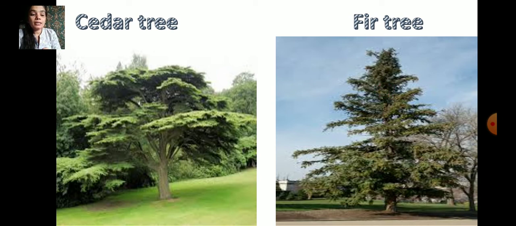So these are examples of evergreen trees. They are always green in color. They do not shed their leaves throughout the year. From January to December, they will not shed their leaves. So they are called evergreen trees.